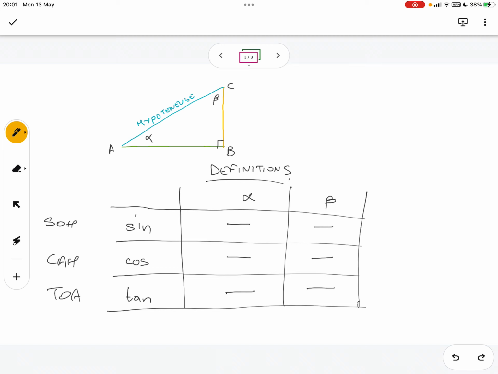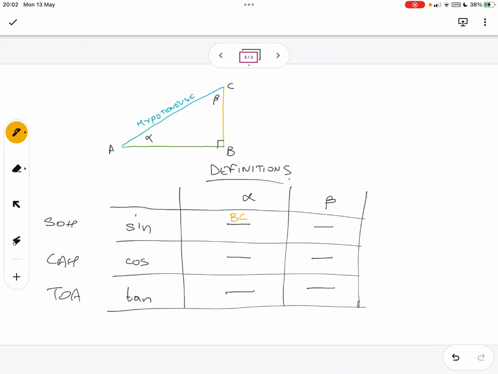So in other words, on triangle ABC here, if we're talking about alpha, the side that is opposite is BC or CB. But the side that is opposite beta is different. It's AB. Can you see that?